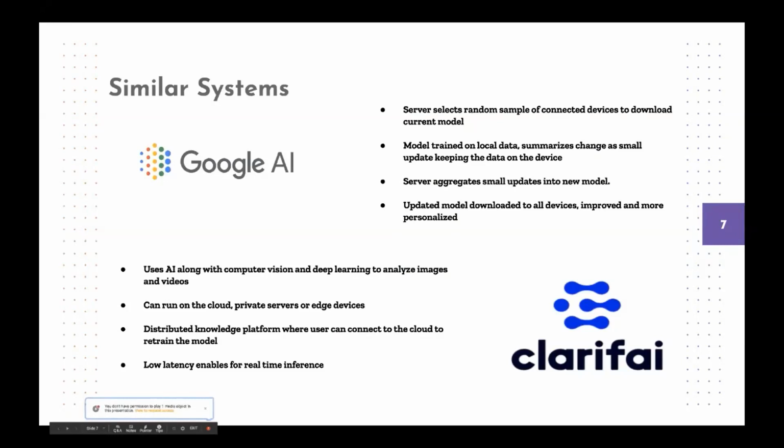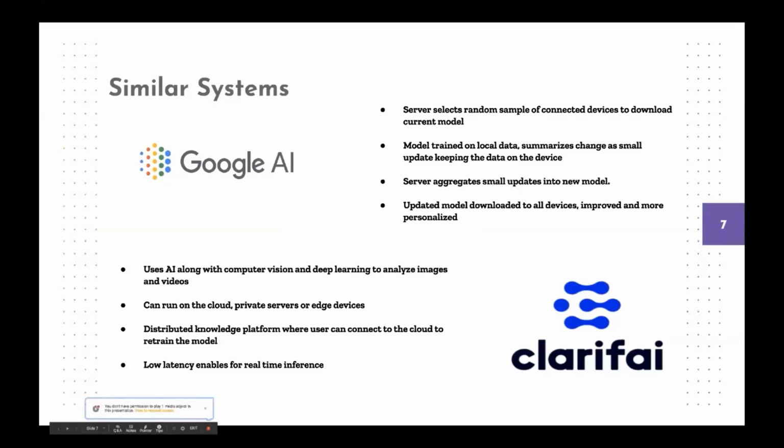Clarify is a company that specializes in computer vision, and it uses machine learning and deep neural networks to identify and analyze images and videos. Clarify has a distributed platform where users can connect to the cloud to retrain the model.